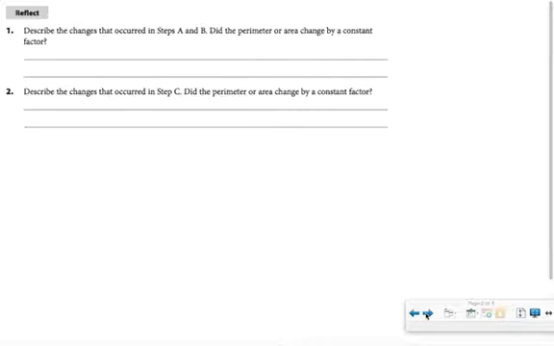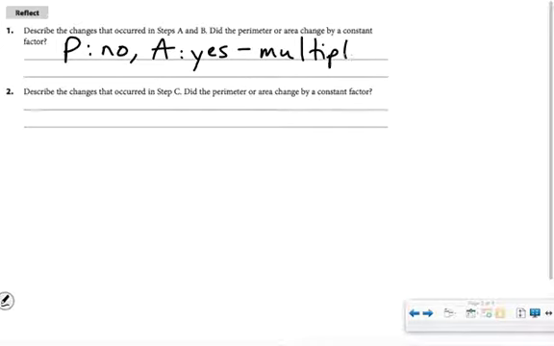So the changes that occurred in steps A and B, did the perimeter or area change by a constant factor? Perimeter, no. Area, yes. Multiplied by 3. And the perimeter in part C was multiplied by 3.